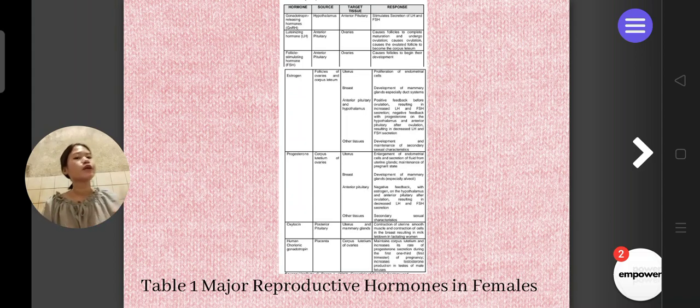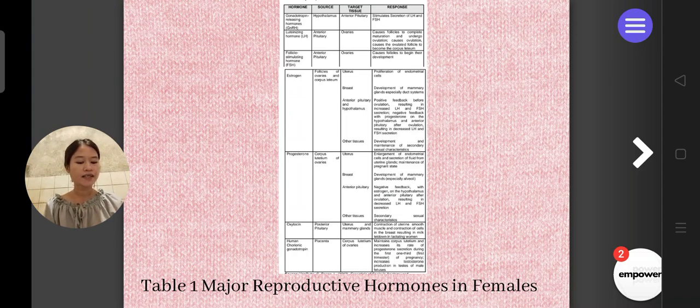So, here's our table number 1. Major reproductive hormones in female. First, we have gonadotropin releasing hormone, or GnRH.